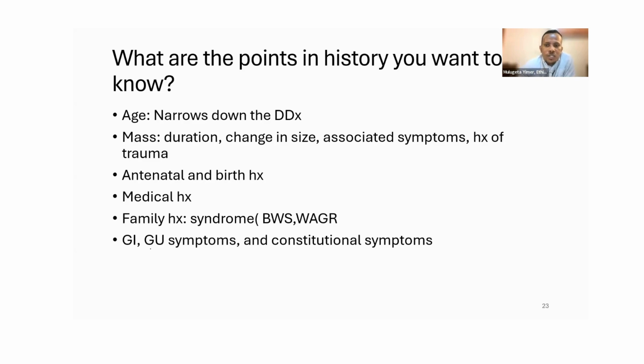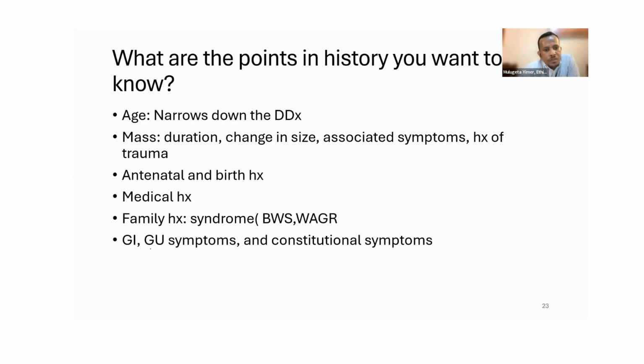This could be associated with malignant tumors like neuroblastoma. In abdominal Burkitt's lymphoma, you could have obstructive symptoms and symptoms related to tumor lysis. So it's always good to ask for associated symptoms. Trauma should also be asked about.